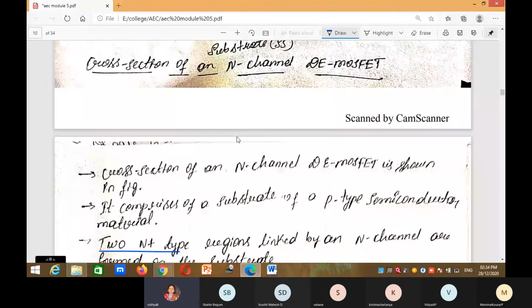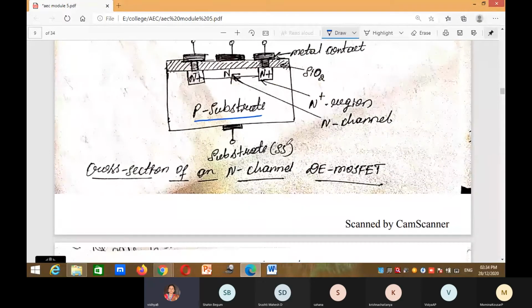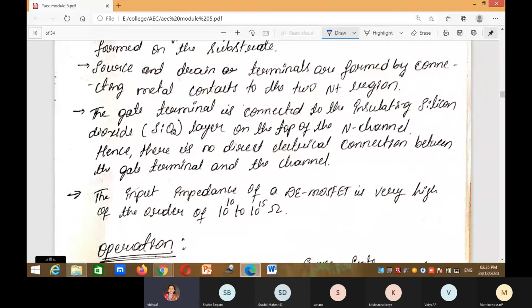You can observe figure 2, where source and drain are connected through metal contacts to N-doped regions linked by an N-channel.